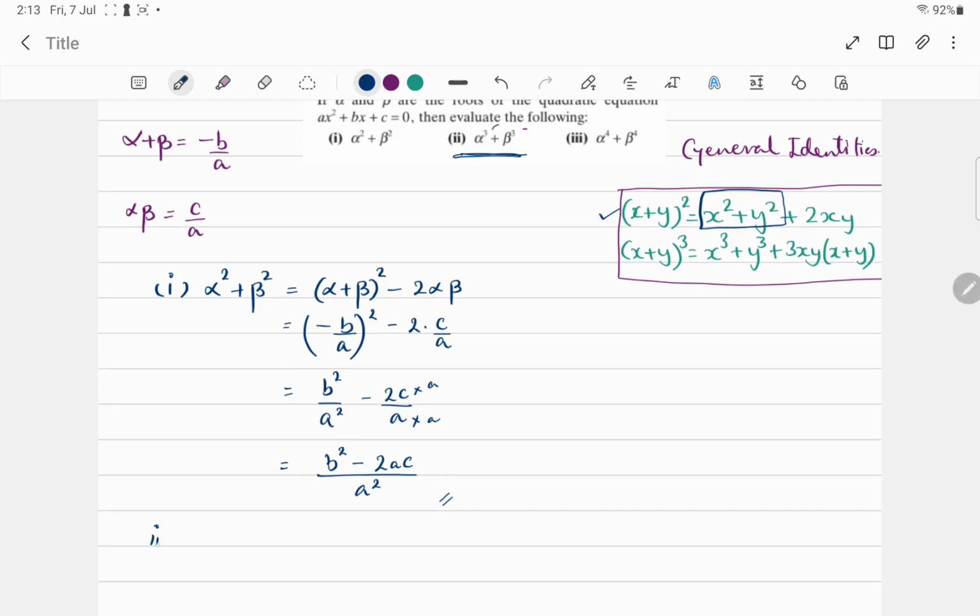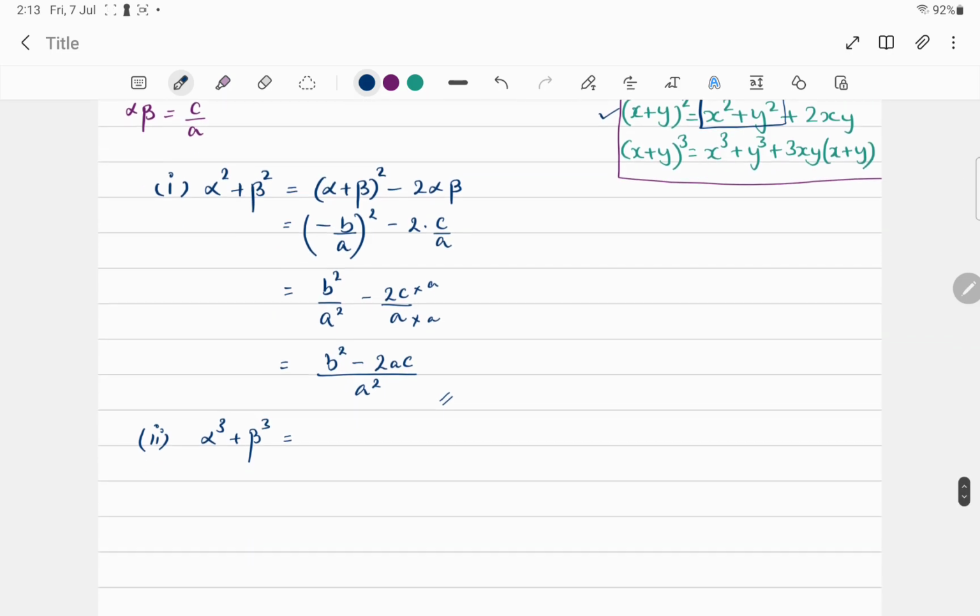The second question is similar but with the cube. So alpha cube plus beta cube is equal to, here I'm going to use the second identity, where x cube plus y cube is what we are looking for. Again, rearranging, we will have alpha plus beta whole cube minus 3 alpha beta times alpha plus beta. Again substituting the values, so minus b over a whole cube minus 3 times c over a, bracket, minus b over a.